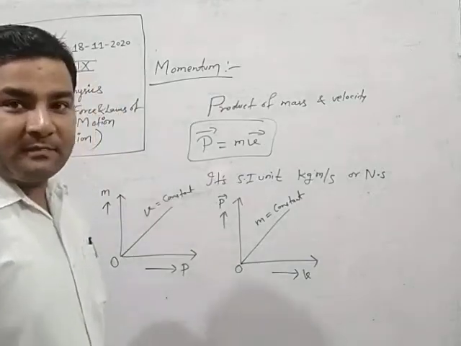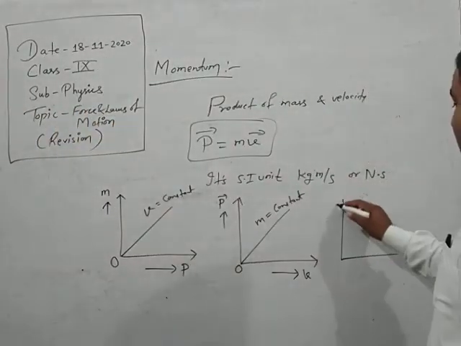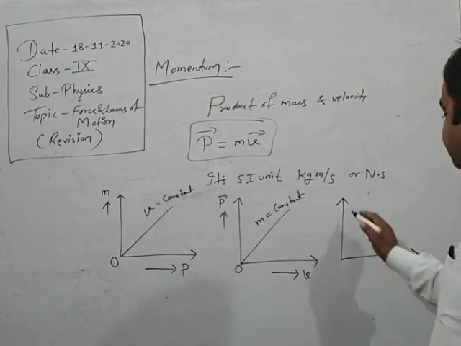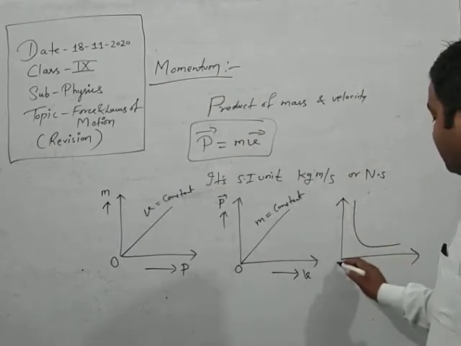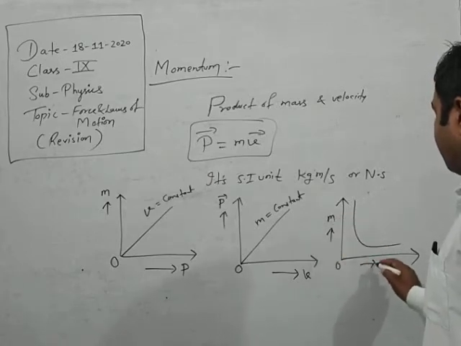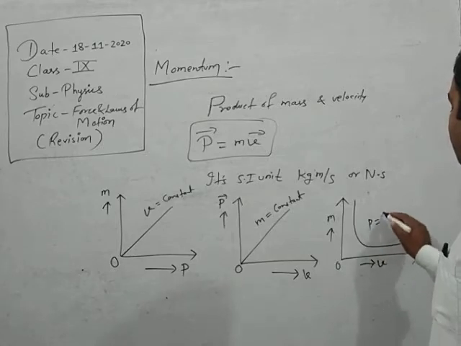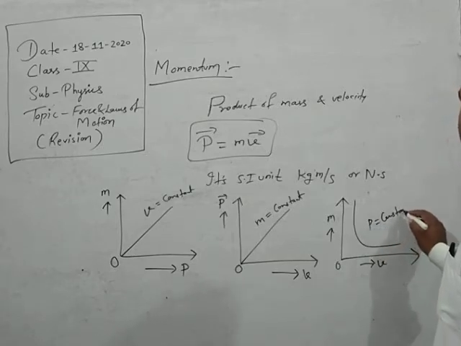And the last one, when we plot the graph between mass and velocity, then P is equal to constant.